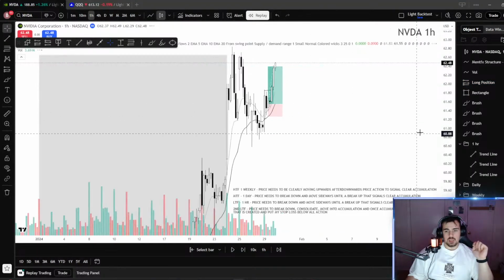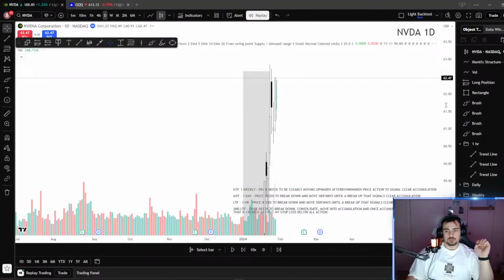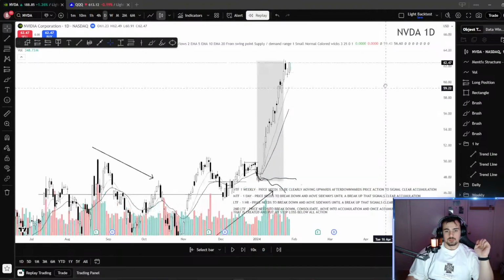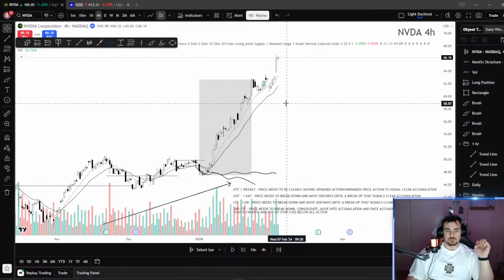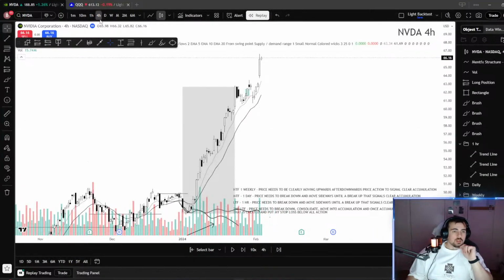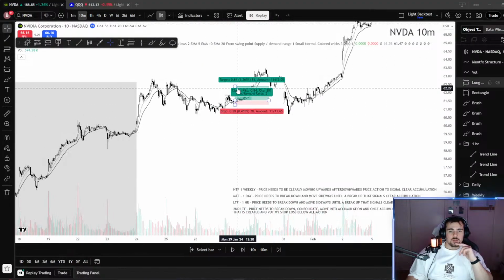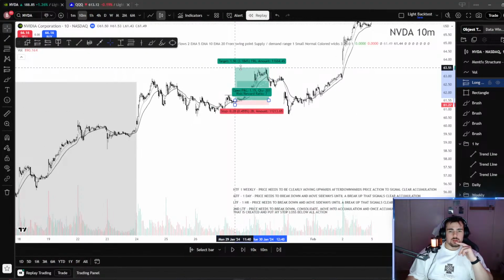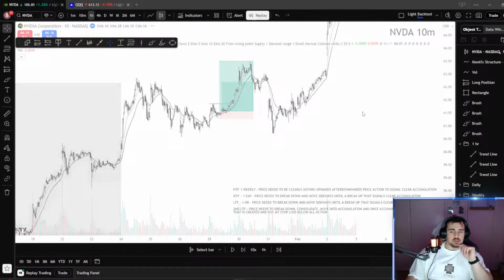So let's just see how that would have played out. Looks like it came down after paying about 7R, then comes down, sets up again.